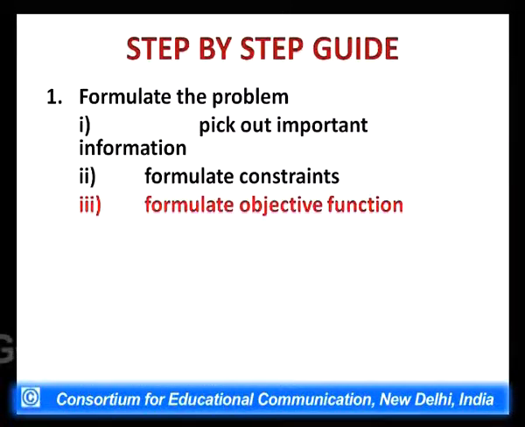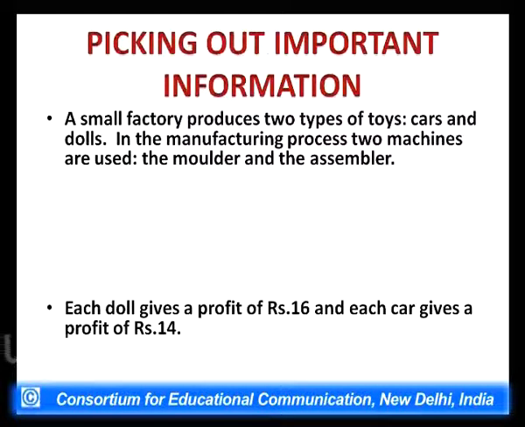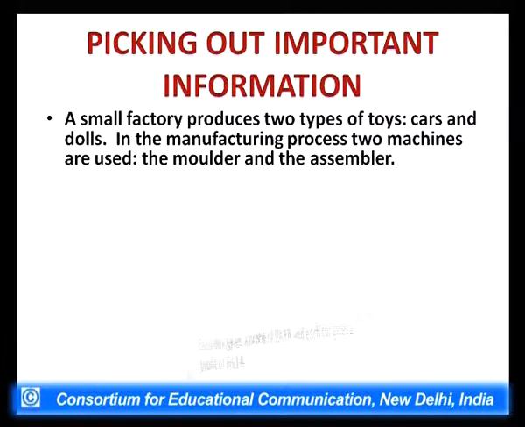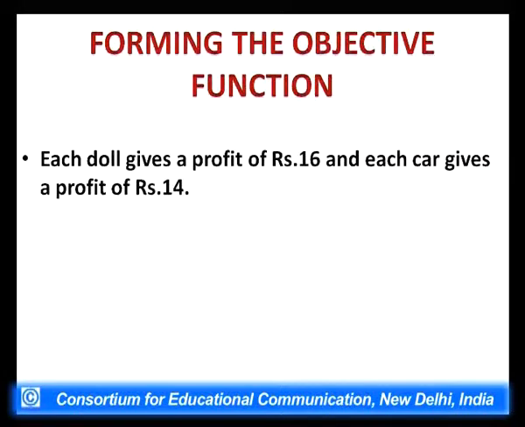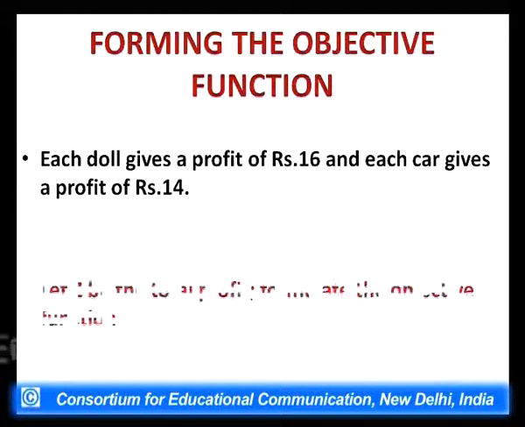Now, constraints have been formed. The next portion left is to formulate the objective function. Objective function is the profit portion. Each doll gives a profit of 16 and each car gives a profit of 14. So, what is the objective function?